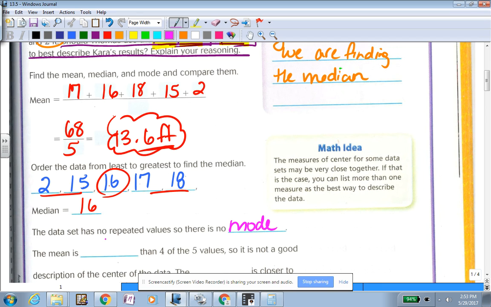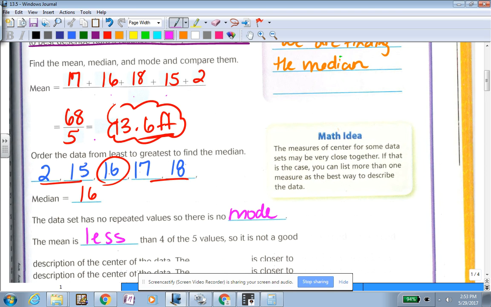The mean, let's take a look at it. Is it greater than or less than the median? It's less than 4 of the 5 values, actually. It's less than the median, but also if I look at 13.6, 1, 2, 3, 4 values are greater than this mean.